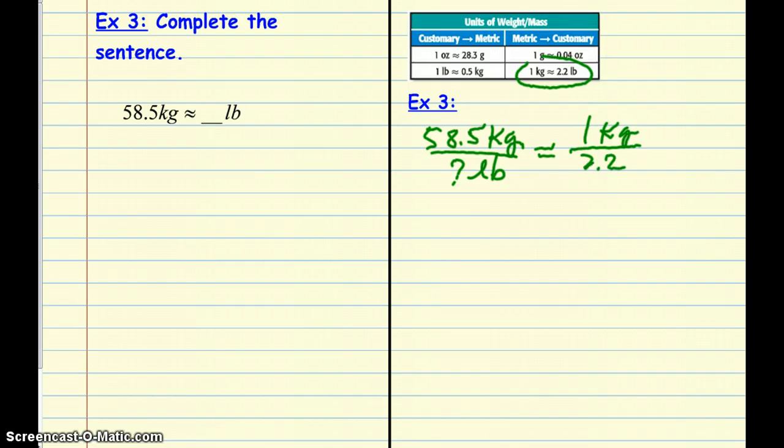Oops, let me try to fix that. All right, so 1 kilogram is equal to 2.2 pounds. The nice thing with this one is 1 times 58.5 is 58.5. So to keep this in proportion, you can do 2.2 times 58.5.